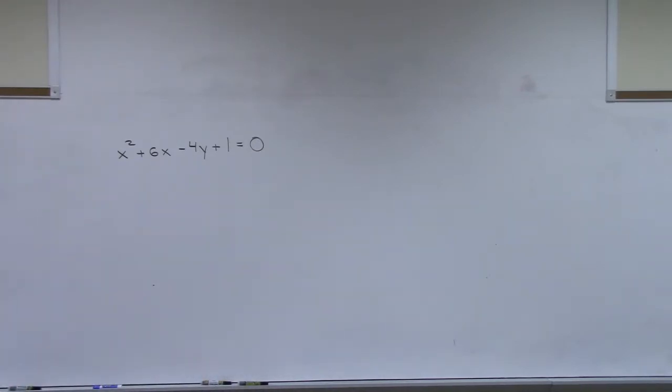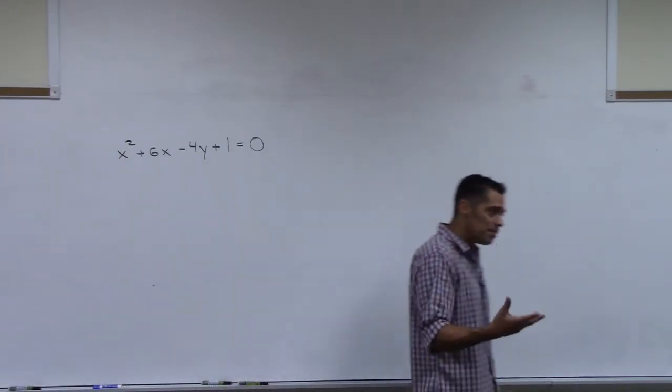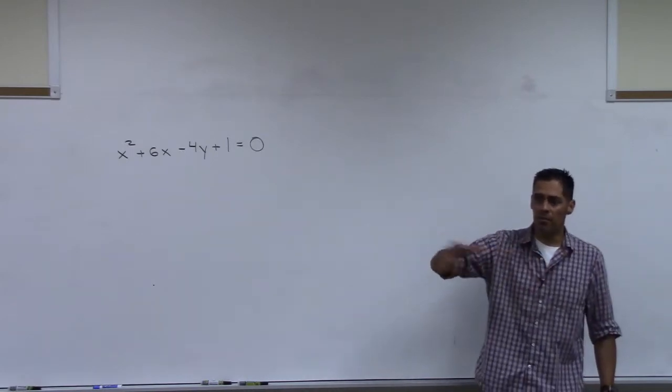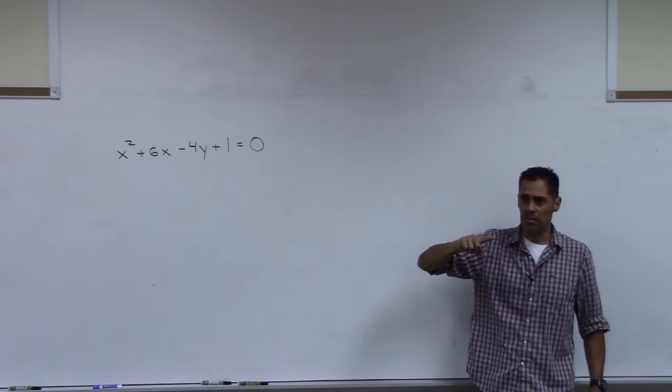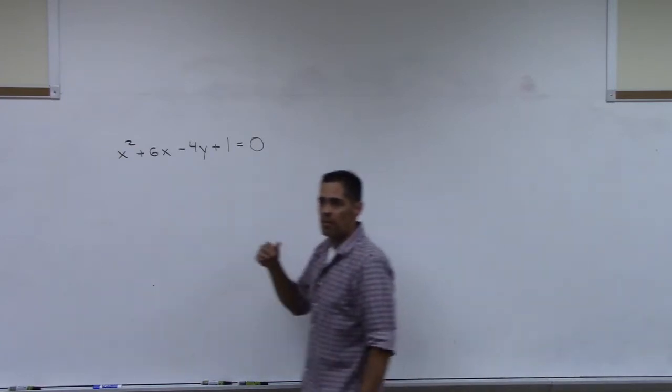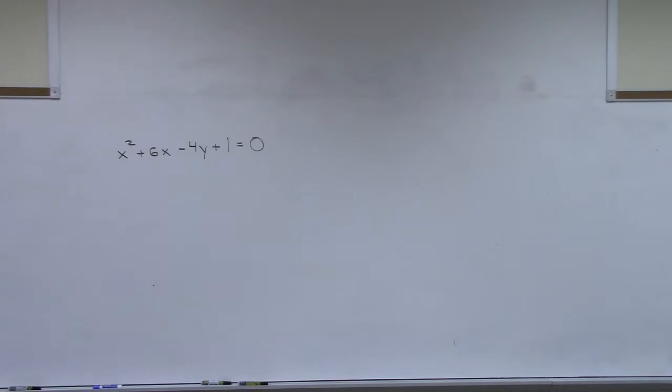So you look at that, and what I would ask you on the final is something like, identify this as a parabola or an ellipse. If it's an ellipse, give me the standard form, the equation of it, and I might ask you to sketch it. If it's a parabola, find the vertex, the focus, and the directrix, and draw a quick sketch of it.